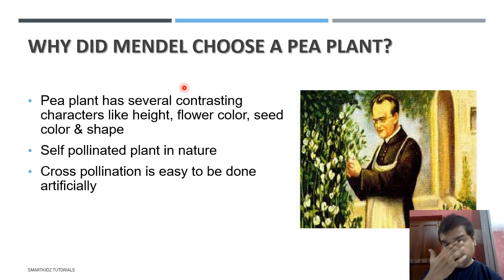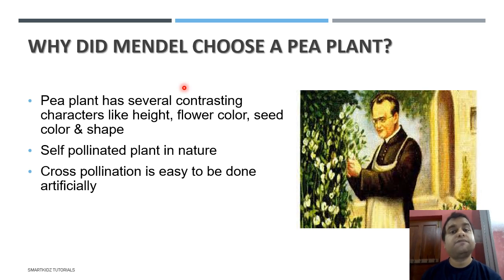In case of self-pollination, scientifically speaking, the pollen of that plant is transferred from the anther of that plant to the stigma of the same plant. That is self-pollination. And so for cross-pollination, it is very important that insects are there, winds are there.